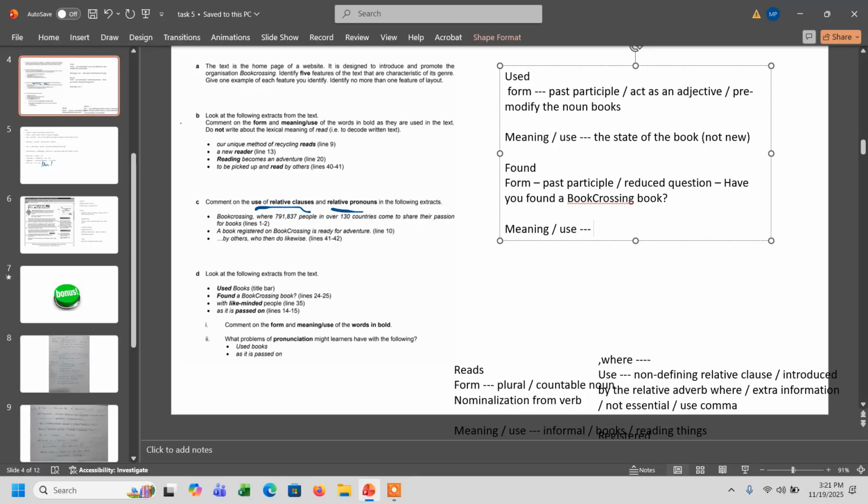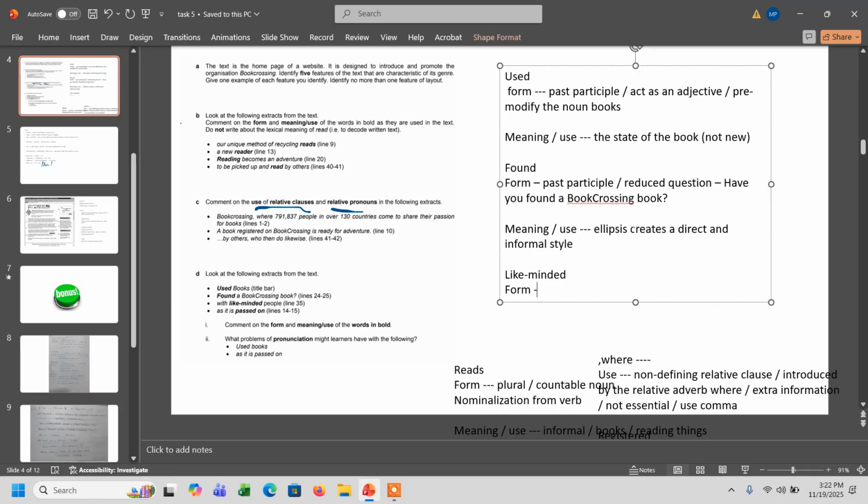Another one is meaning and use. Meaning and use is like, what is it about? So we use ellipsis, right? Reduction is called ellipsis because ellipsis creates a direct and informal style. Okay. And another one is like-minded.